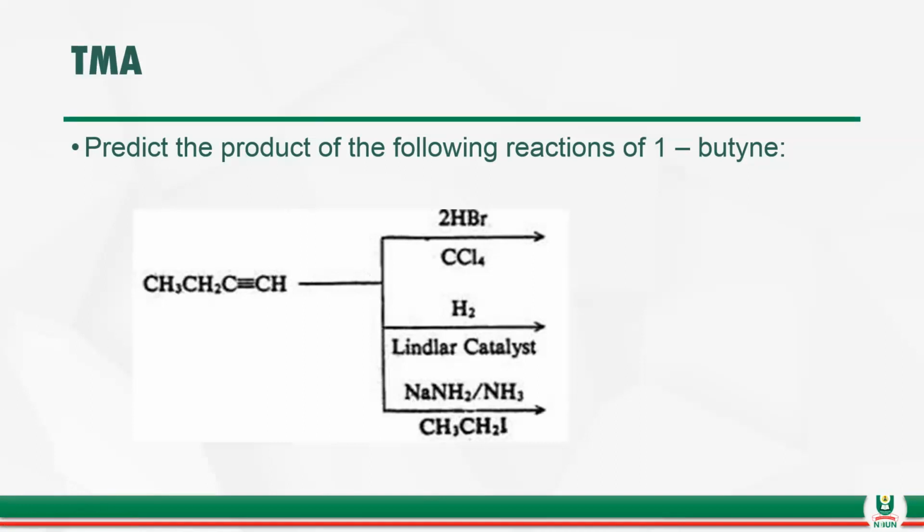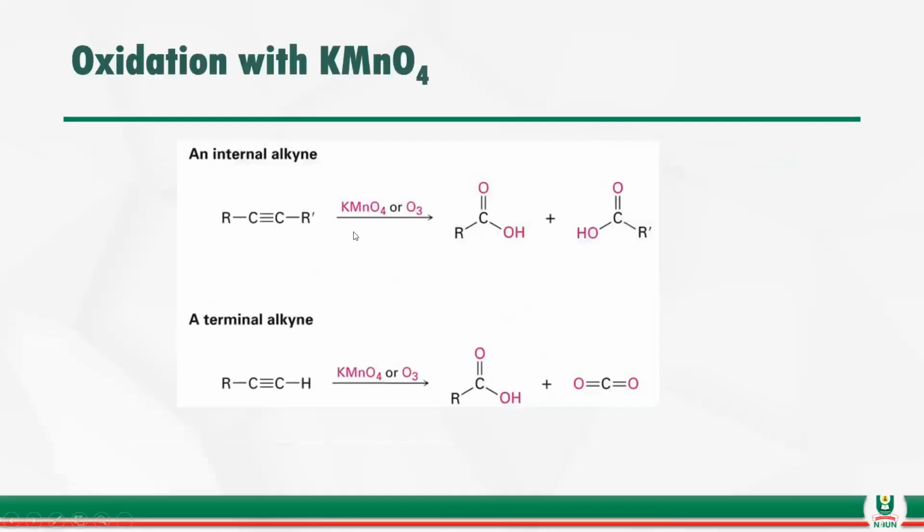Not an alkene, because nothing happened to the triple bond. So the first product here, like I said, is 2,2-dibromobutane. The second product here is 1-butene, and the third product is hex-3-yne or 3-hexyne.